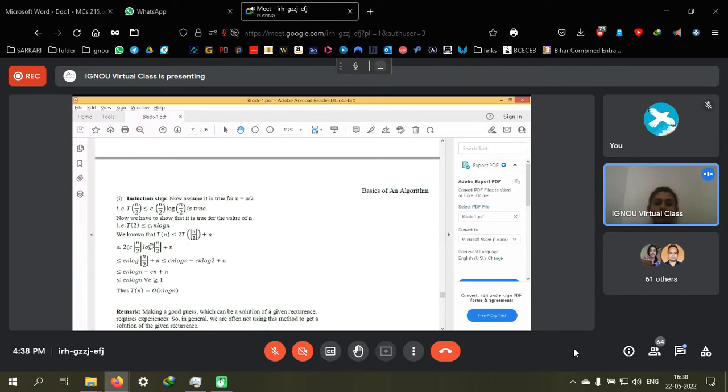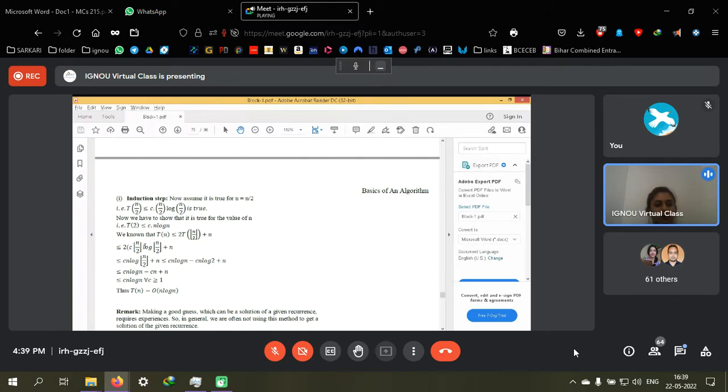So here is the log n divided by 2. Whenever we have a value in log with division, we can subtract it. So we can write here Cn log n minus Cn log 2, because when we multiply 2 into Cn divided by 2, we will get Cn here.